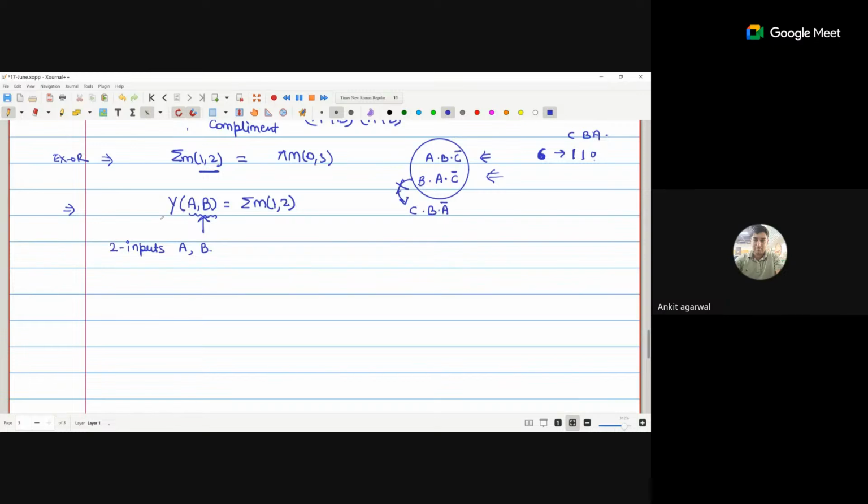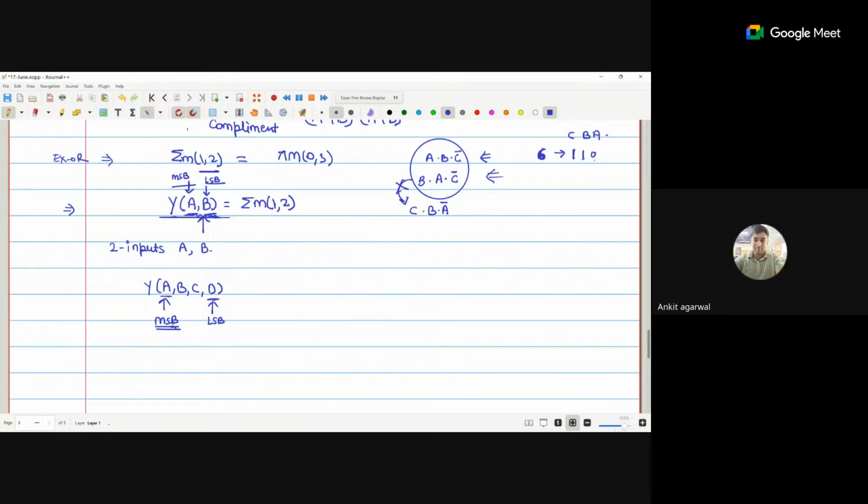Now this equation shows that this term will be the MSB and this term will be the LSB. If it is not given in the question which is the MSB and which is the LSB, then always the first term will be the MSB. That means the left-hand side term will be the MSB and the right-hand side term will be the LSB. Similarly, if it is A, B, C, and D, then D is the LSB and A is the MSB.